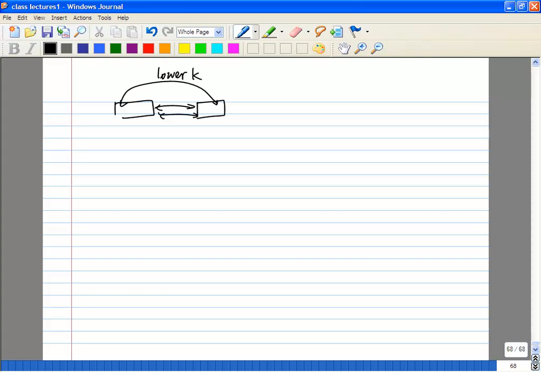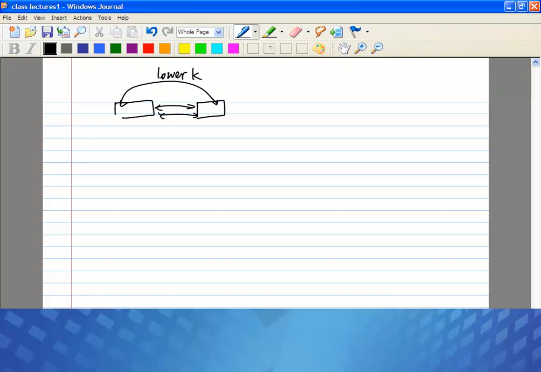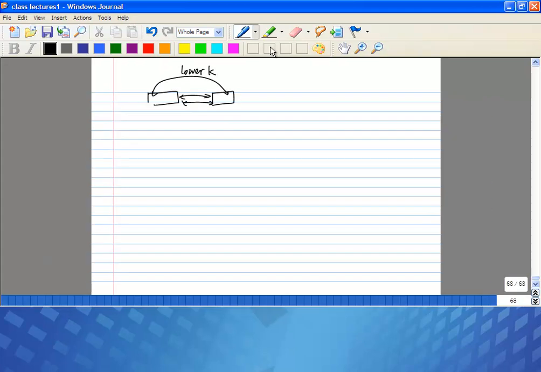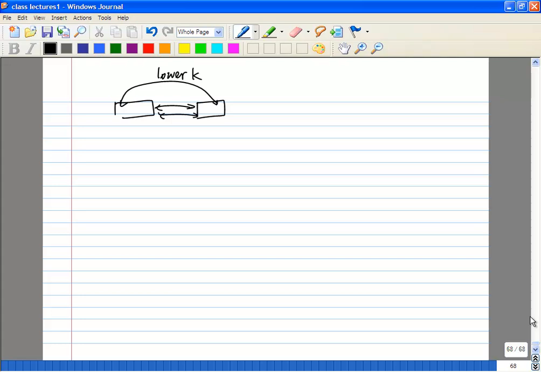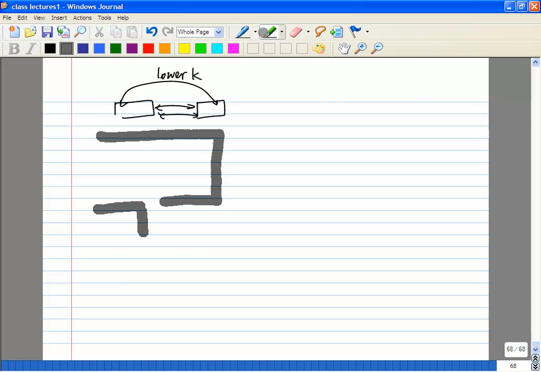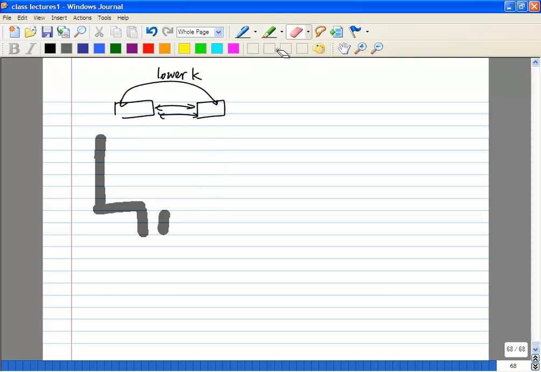Now you can also have a vertical transformer. Let's assume that it's symmetrical, obviously a very bad drawing.